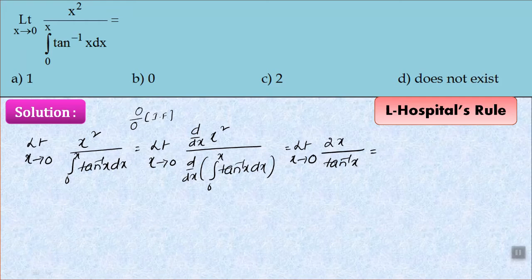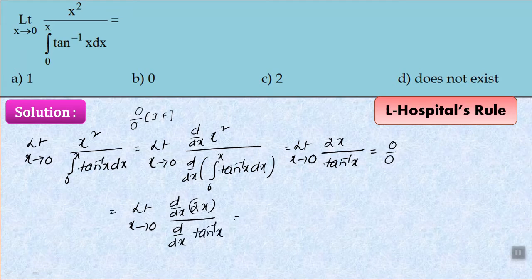Now substitute the limit, we get the 0 by 0 form. Now we proceed again with L'Hospital's rule, that equals limit x tends to 0. Now differentiate numerator and denominator with respect to x, d by dx of 2x divided by d by dx of tan inverse x.